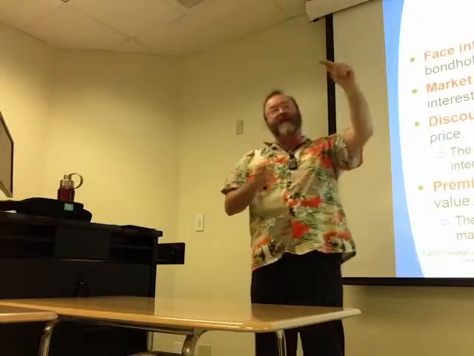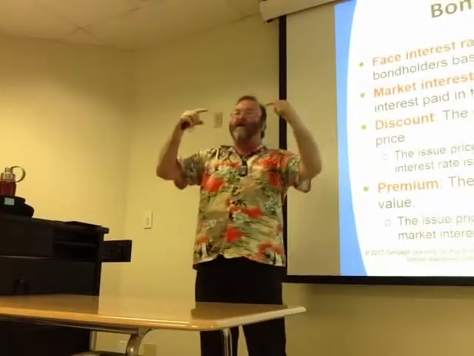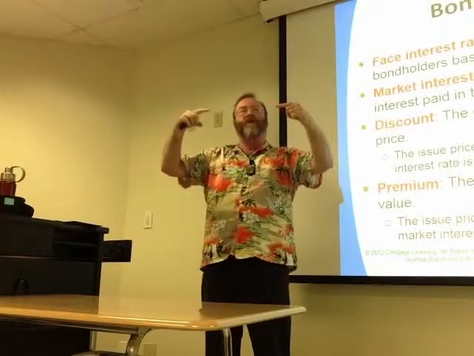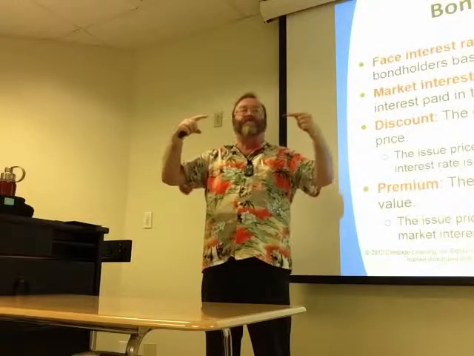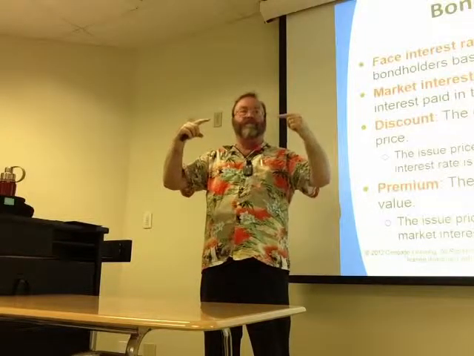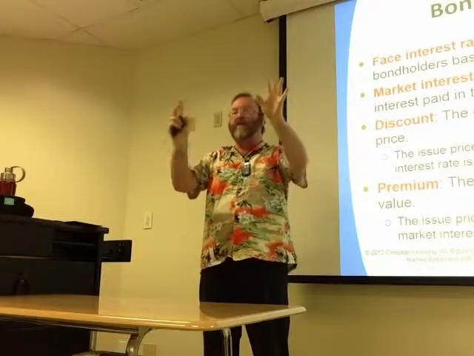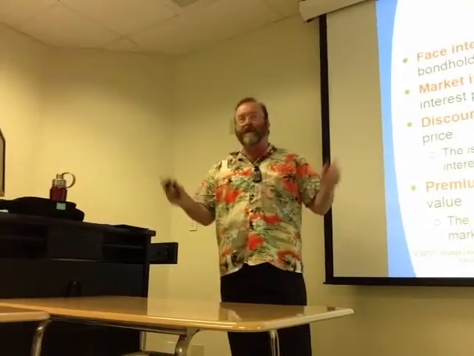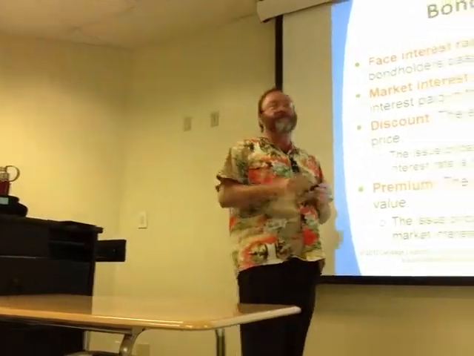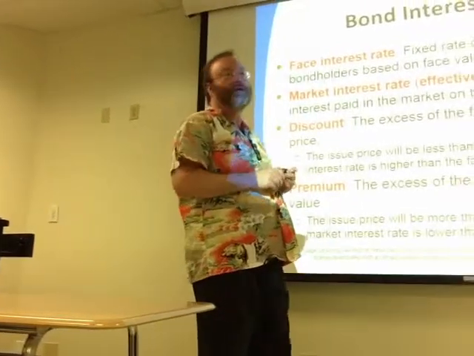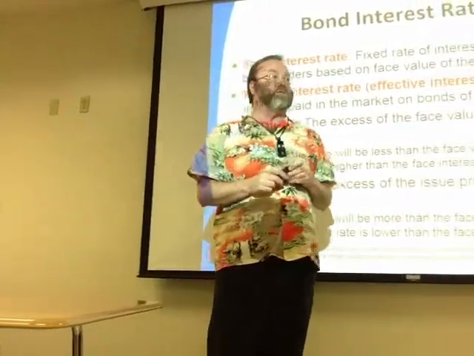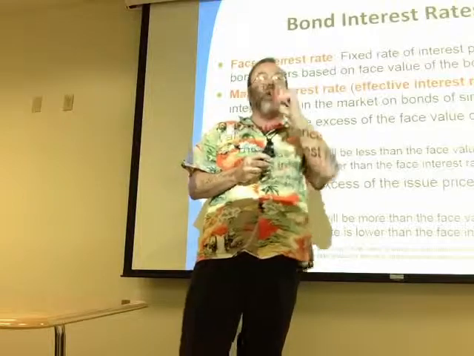When the face value and the market value are different, the bond price will be different than the face value. And this is how it works. And this is what I'm going to be emphasizing. If you're paying, for example, 10% interest, to keep it simple, you're the bond issuer.